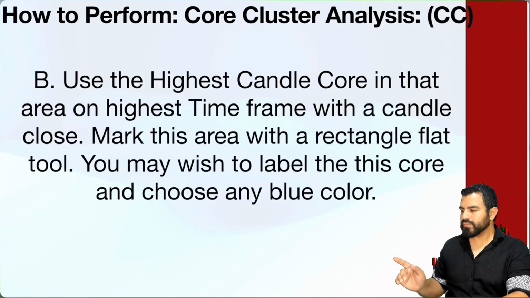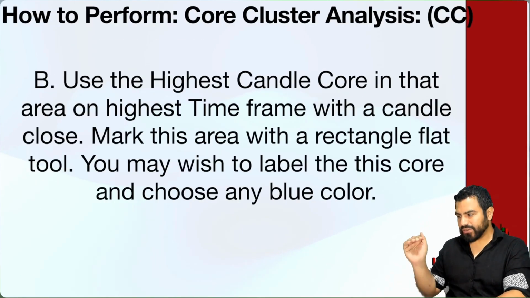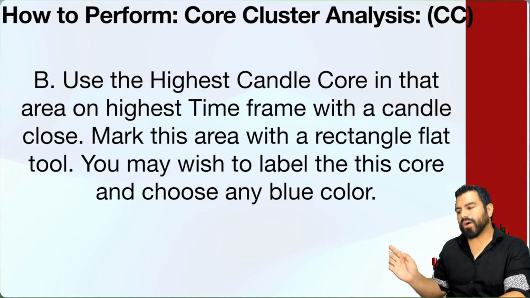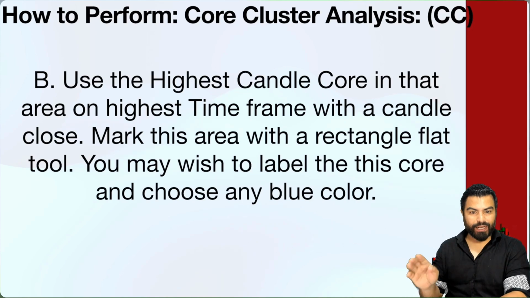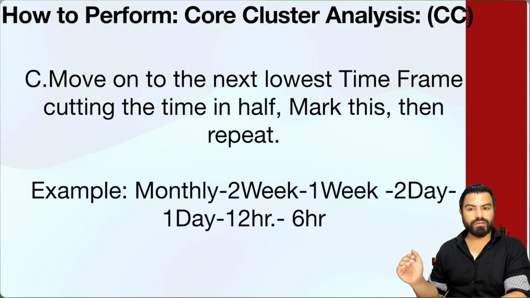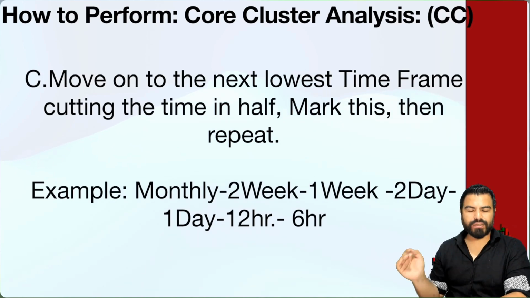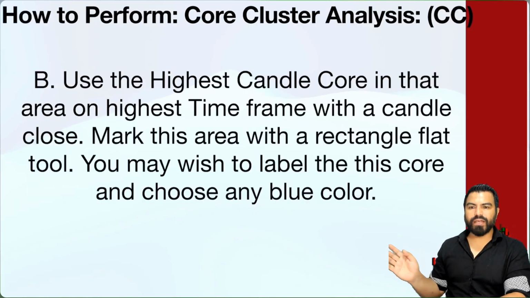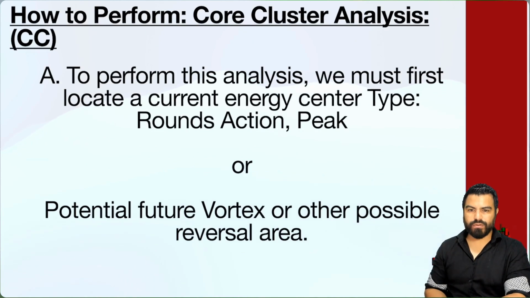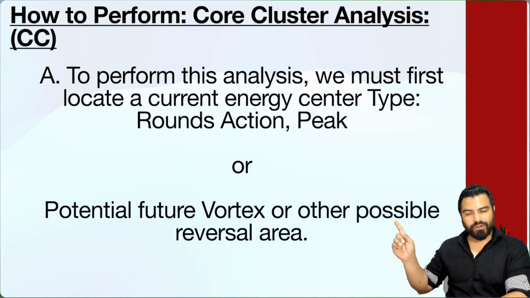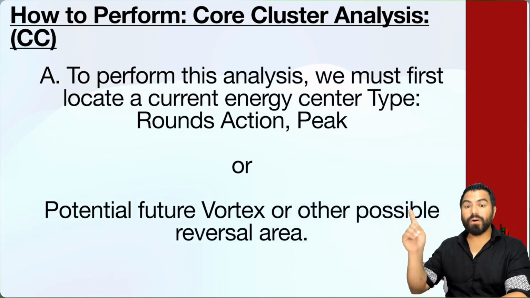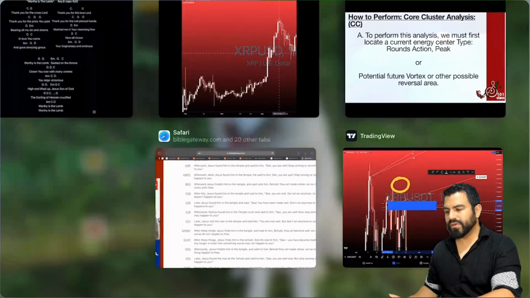Remember, we're going to use the highest candle core in the area on the time frame. Mark the area with the rectangle tool, or you can label it like we just labeled and marked. We move on to the next lowest time frame. We repeat the process and then continue. Then we can make our observations. We can use this at round action energy center type or peak energy center type.